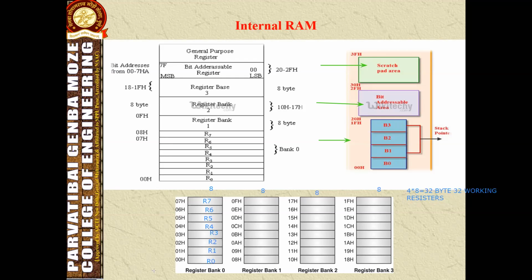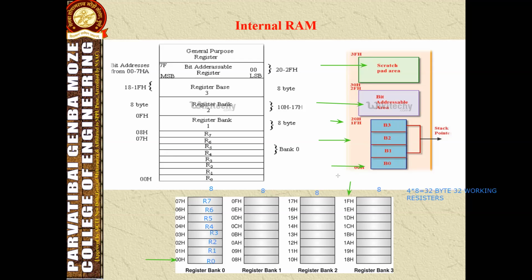The total address range of the register banks is from 00H to 1FH, organized in 4 banks.